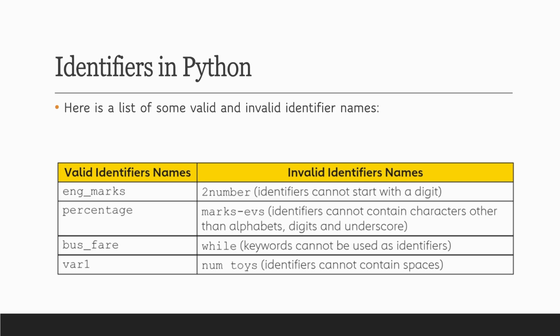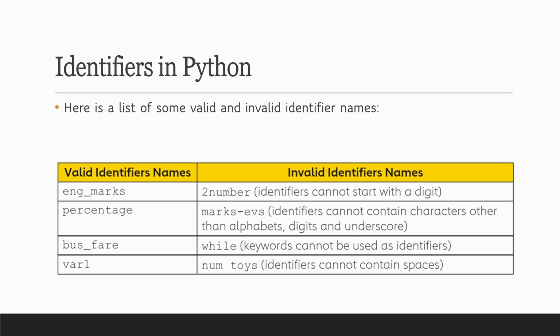Invalid identifiers include 1name because it starts with a digit. Similarly, 2number starts with a digit, so that is an invalid identifier. Total%marks is invalid because percentage is not allowed.